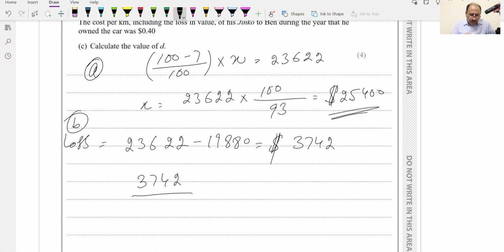$3,742 divided by 23,622 and multiply by 100 to calculate the percentage loss. So we can write percentage loss is equal to this one, and we can calculate this.